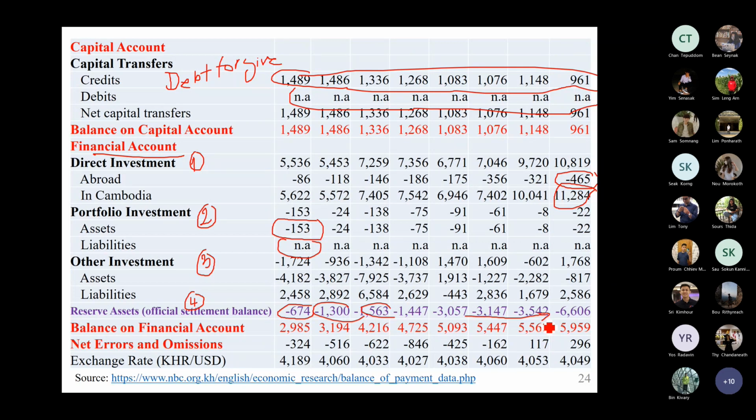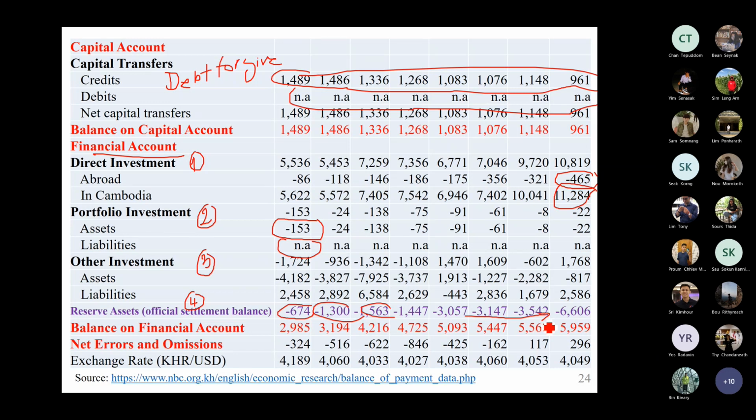So our NBC may own some US dollars, which are deposited at the US Federal Reserve, or maybe a Singapore bank, or the Vietnam Central Bank. We may have our dollars there, and that belongs to us, it is just located abroad. So this is a good sign, because over the years from 2010 to 2017, we see that this reserve accumulates, okay, increases. So that's a good thing.